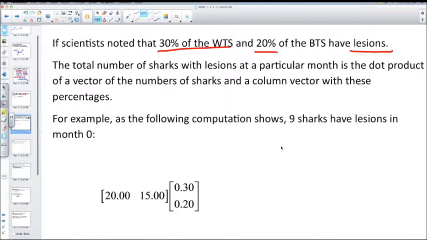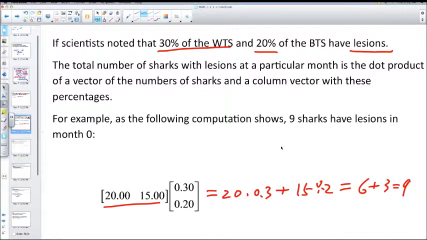Then you do the same calculation, the number dot the percentage of the lesion. Then you get 20 times 0.3 plus 15 times 0.2. That makes 6 plus 3 equal 9. That's a number. Dot product again.